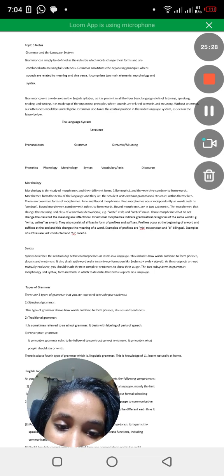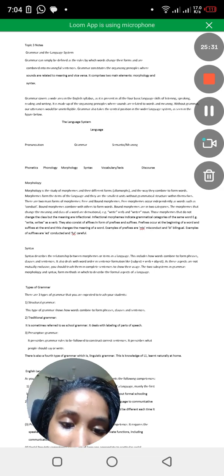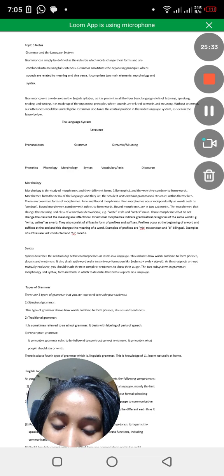So all the types of sentences should be taught in the correct use and context.